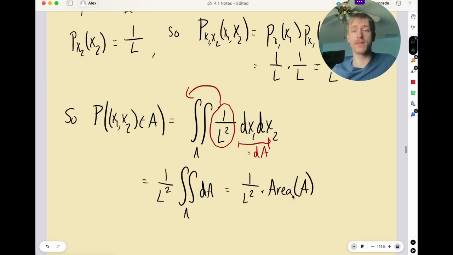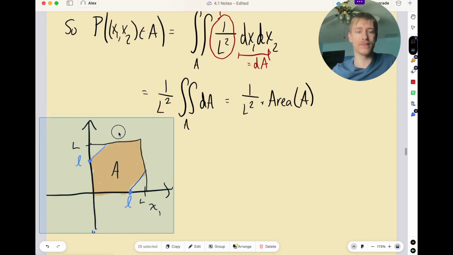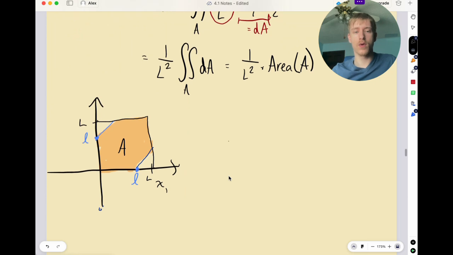So all that's left to do is find the area of region A. So I'm going to go ahead and paste this one last time so we can find that. It's a little easier to find the area of these triangles right here and just subtract that from the square's area. So what we're going to have is that the area of A, which maybe I should write as this weird, 1, 2, 3, 4, 5, yeah, this is a hexagon, believe it or not.